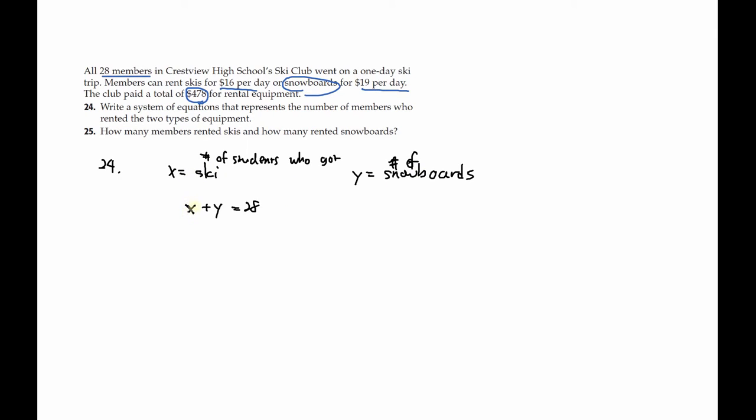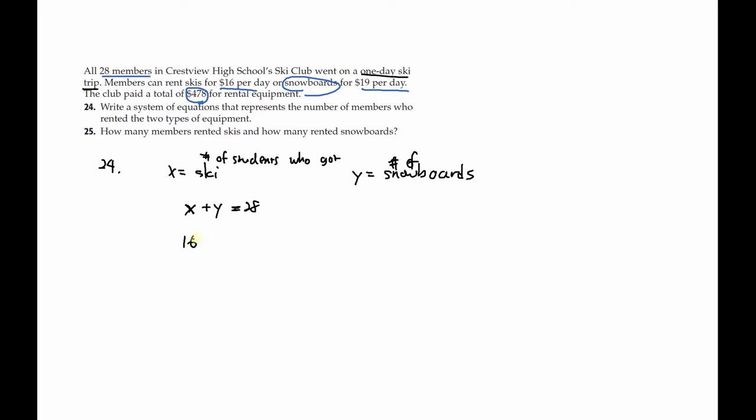So x plus y has to add up to 28, the total number of students, and then we have money here, $16. I'm going to ignore the dollar sign. It's $16 per day, and it's only a one-day ski trip, so you can ignore the per day part.